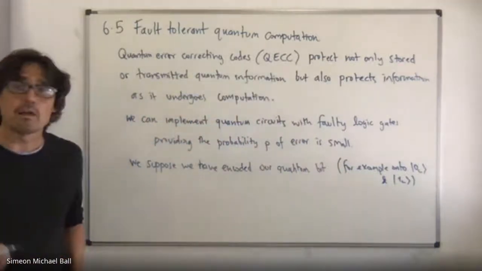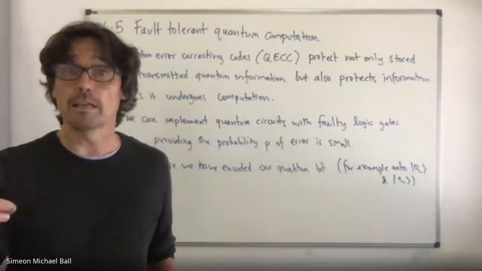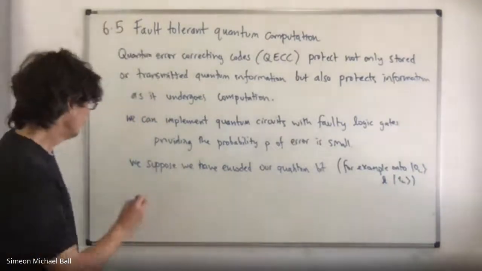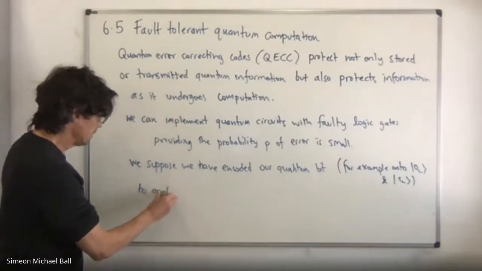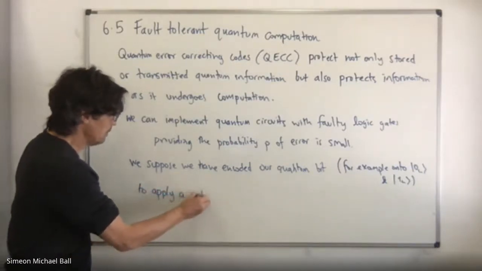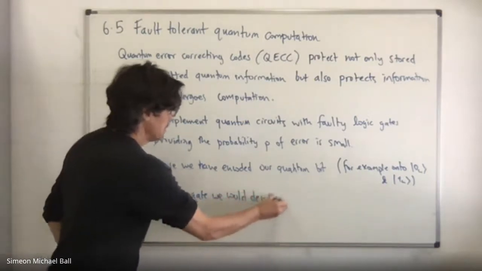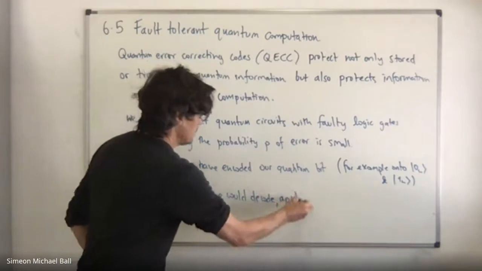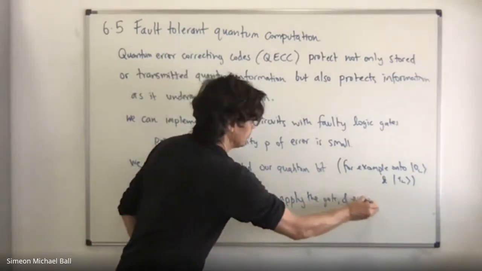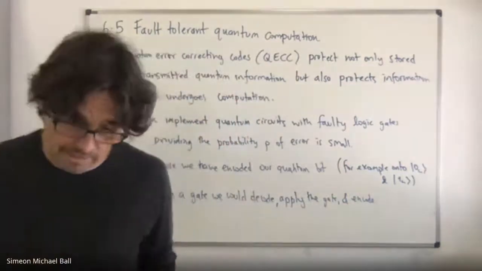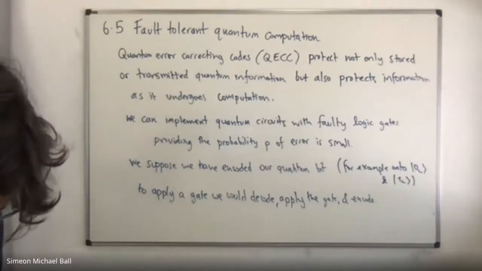And now we want to apply some computation. So what we could do is decode it, apply our gate, and encode it. But what we're not able to do is apply the gate to the encoded bit itself.